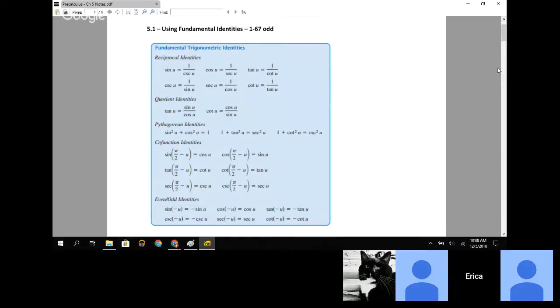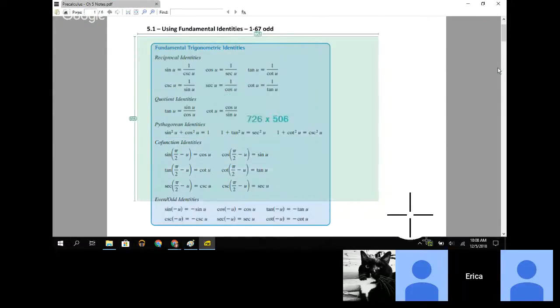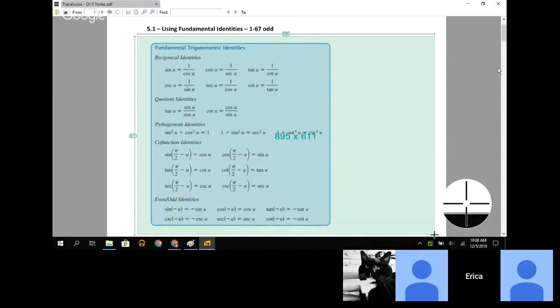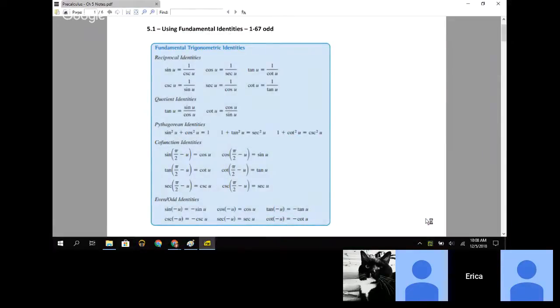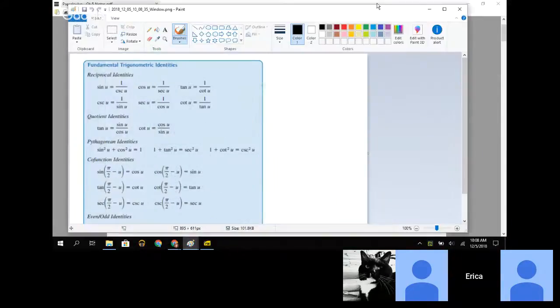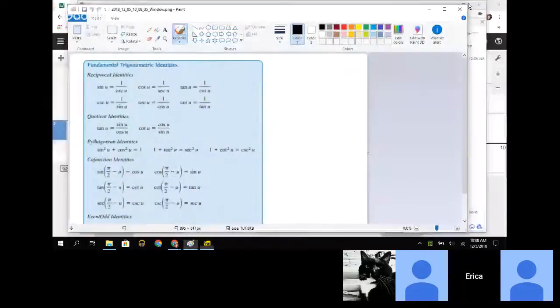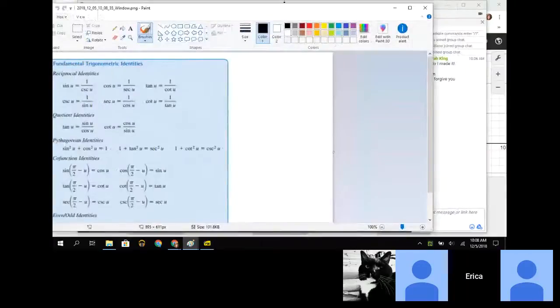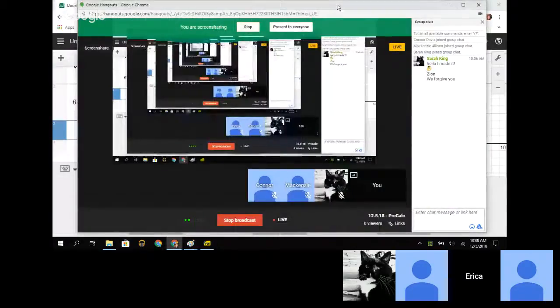So what we are going to talk about today is called using fundamental identities. And so let's talk about what the fundamental identities are. These are all actually, well, most of them should look pretty familiar based off of all the other trig work that we've done. I'm gonna scoot this over so I can see the chat, Sarah. If you chat, I don't want to exclude you.